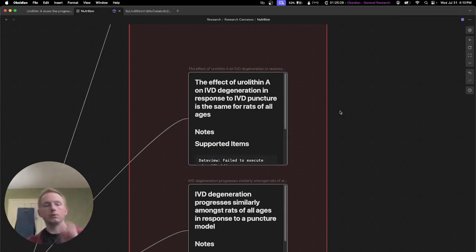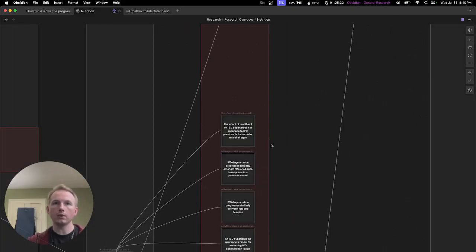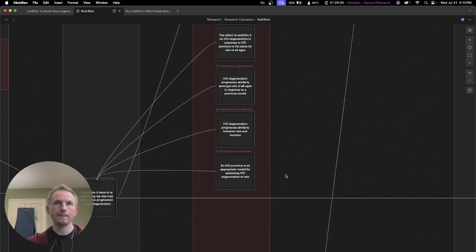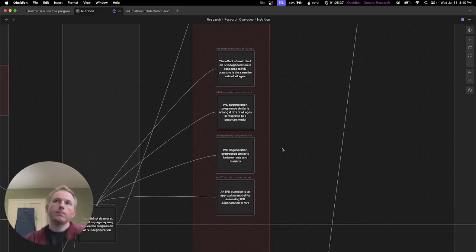At the end of the day, these assumptions are basically collectively reminders that amongst all the insights, there are some from animal models using rats of different ages, and those models involve IVD punctures.